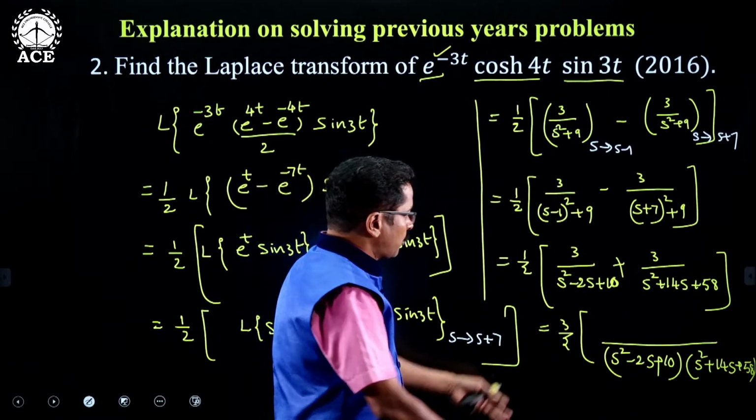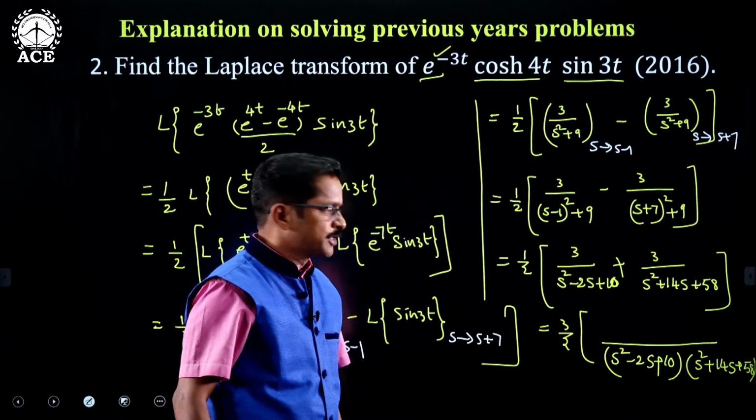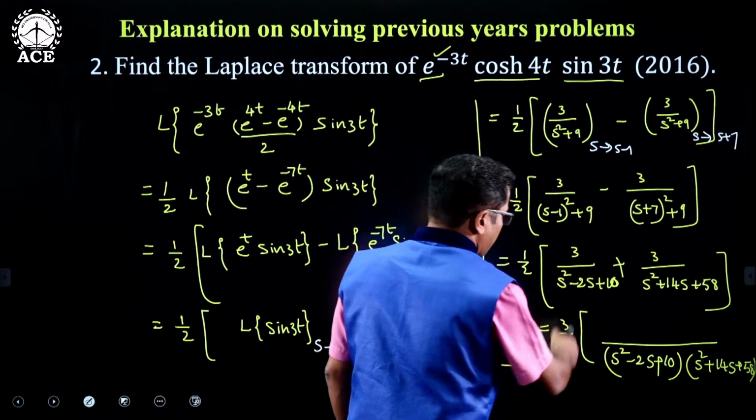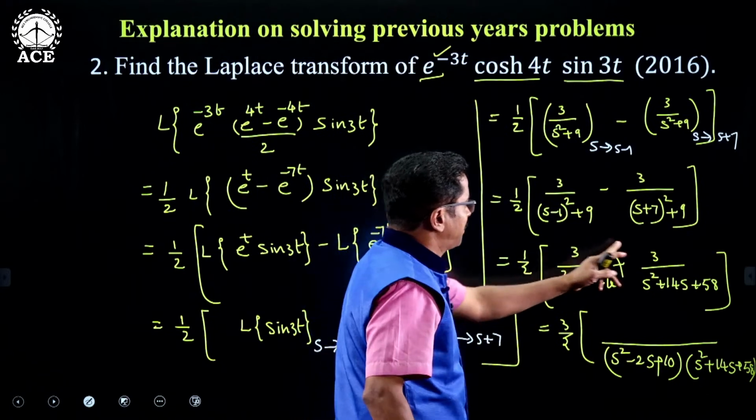Okay, so now you simplify its numerators. As 3 is taken out, 1 will be left.